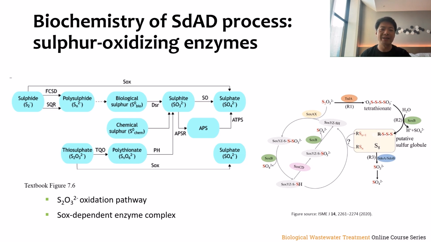This complex efficiently oxidizes various sulfur substrates, such as sulfide, thiosulfate, and elemental sulfur, into sulfate. For more detailed information on the sulfur oxidation pathway and enzymes, please refer to our textbook.